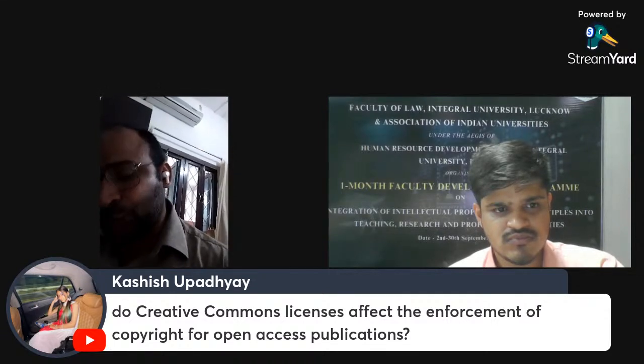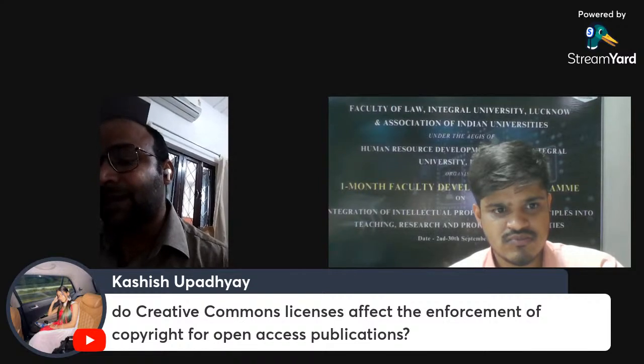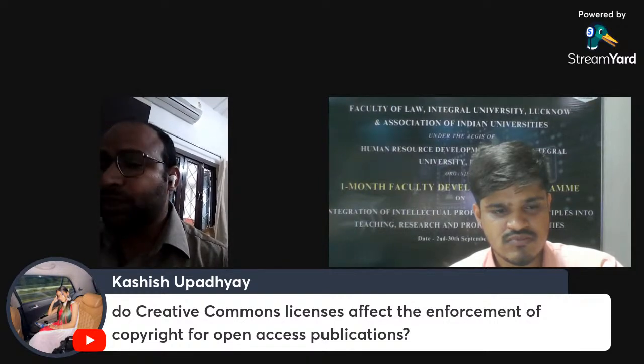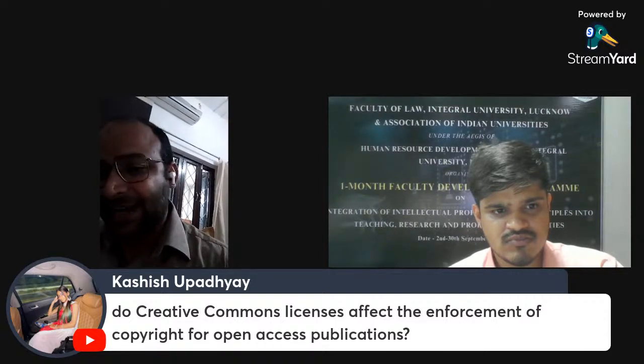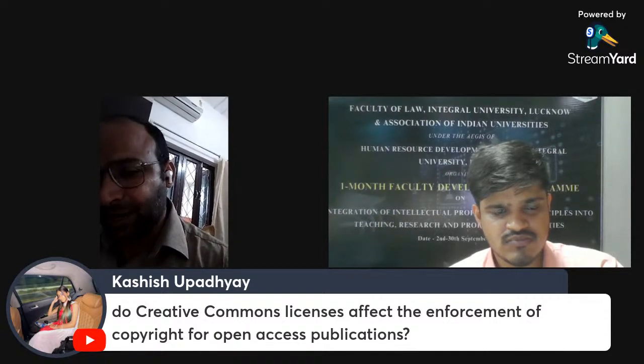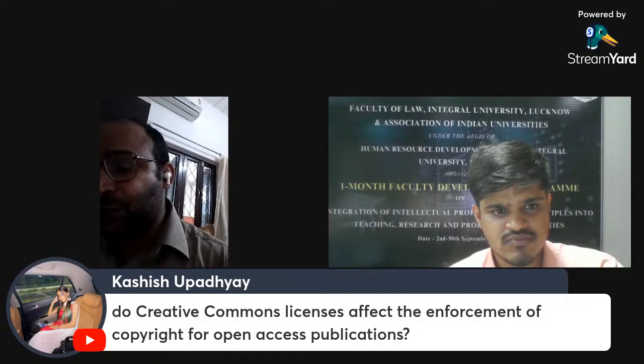But when you use that work, you are governed by the copyright law, wherein you need to give attribution. In Creative Commons licenses also you need to give attribution, but in copyright, what you cannot do is get that content totally and then give attribution at the bottom, in the end notes, or in the bibliographical references.